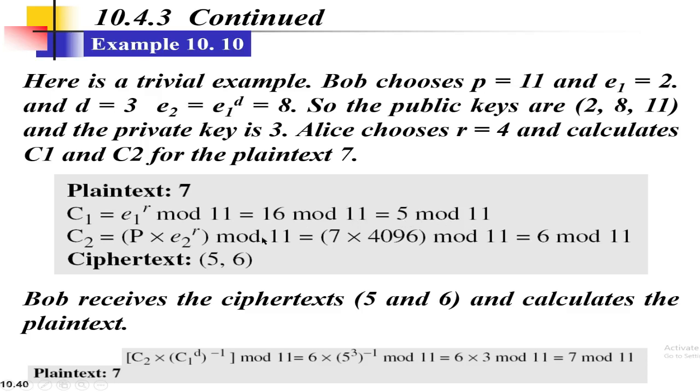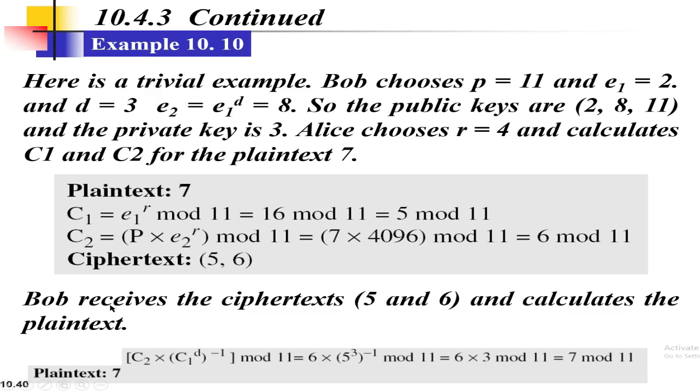Then we calculate C2 as P times E2 to the power R. The plaintext is 7, E2 is 8 and R is 4, so 8 to the power 4 is 4096. After the calculation we get 6 mod 11. So the ciphertext is 5 and 6.